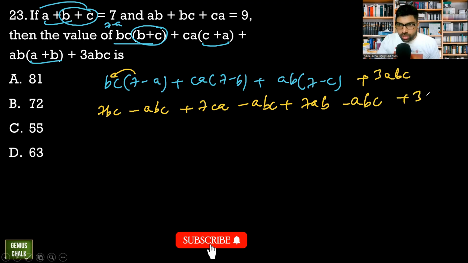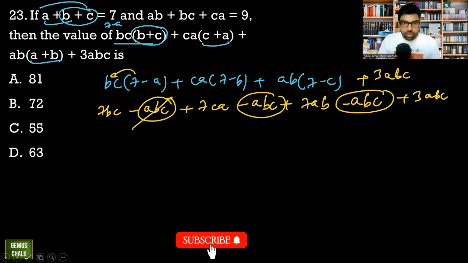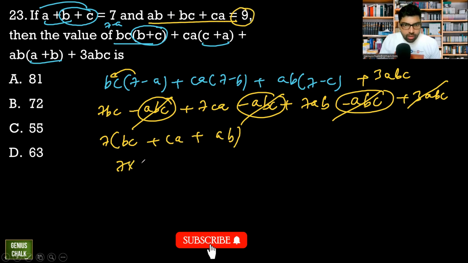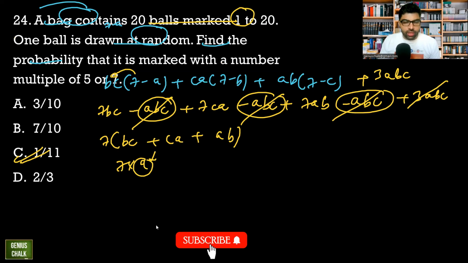So it is also 3 ABC. Now you see minus, minus, minus. There are 3, but this gets cancelled because they are minus 3 and this is plus 3. Now 7 times BC plus CA plus AB. What is that? Already given, it is 9. So 7 into 9, it is 63. It is value putting based question.